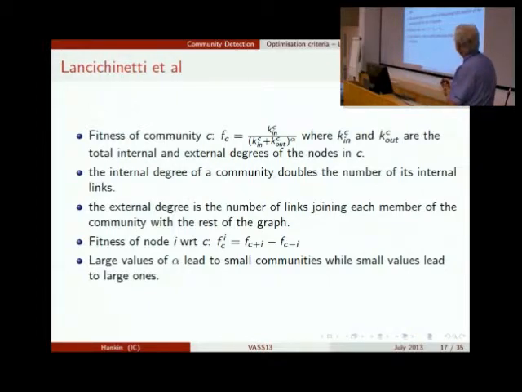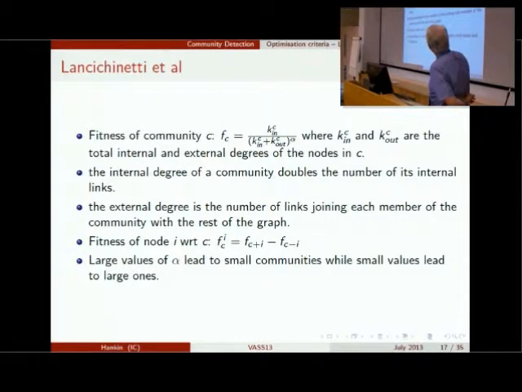This uses essentially a fitness measure for a community. The fitness measure is given here. Basically, it's looking at the number of internal links, which is K in C, and seeing what proportion are internal versus the total number of links.